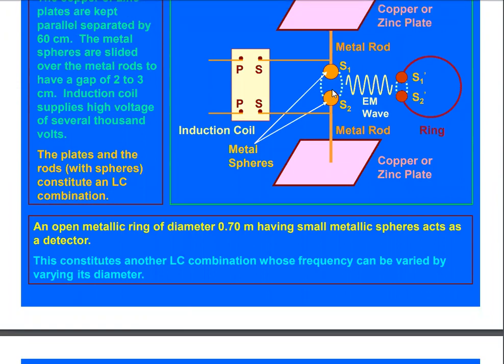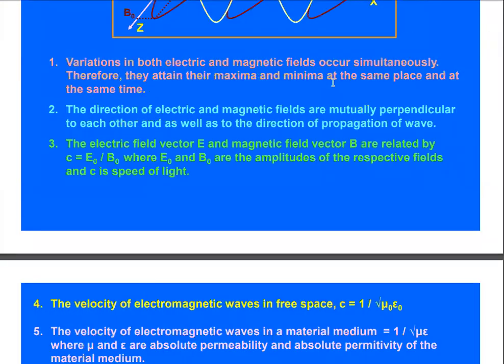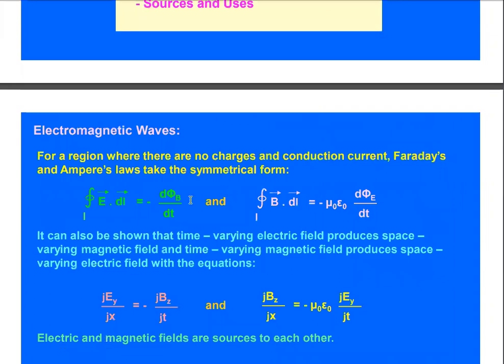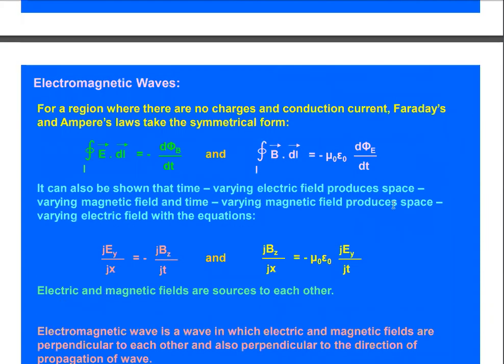And because of variation in electric field, a corresponding magnetic field appears there. As we have already discussed, a time varying electric field produces a space varying magnetic field, and also a time varying magnetic field produces a space varying electric field.